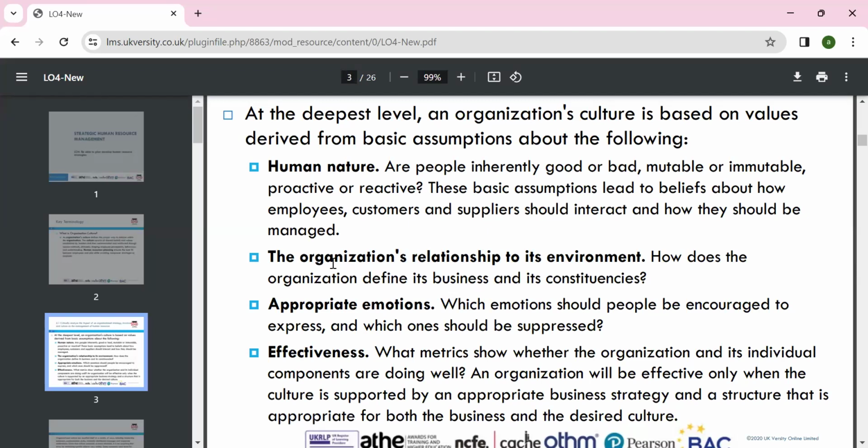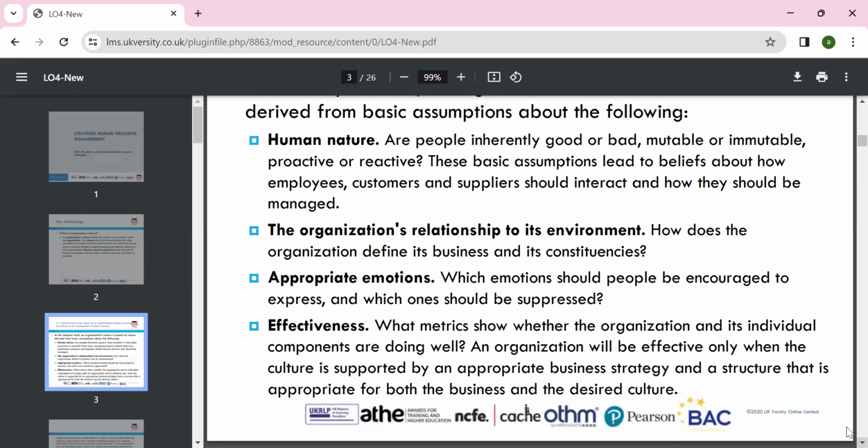The organization's relationship to its environment. How does the organization define the business and its constituents? We can look at what is appropriate emotion. Which emotions should people be encouraged to express, and which should be discouraged? So that's how we can look at effectiveness. We can use different measures of effectiveness.